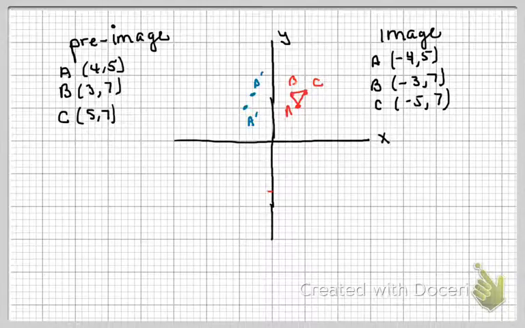And then C prime looks like it goes here. So it does reflect, and it looks like it reflects over the y-axis.